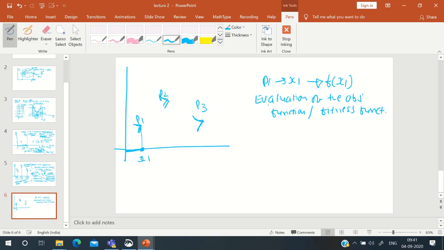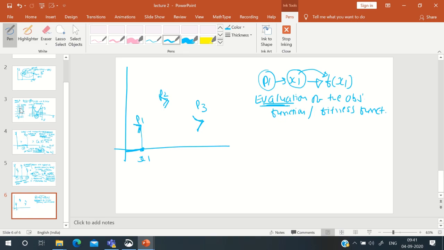We are finding the value of the objective function corresponding to our initialized solution, the first particle's x value. So substitute this x value in the equation of f of x and you will get some y value, that is f of x1.